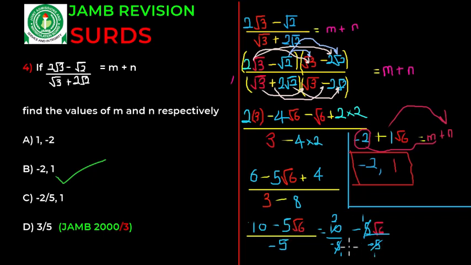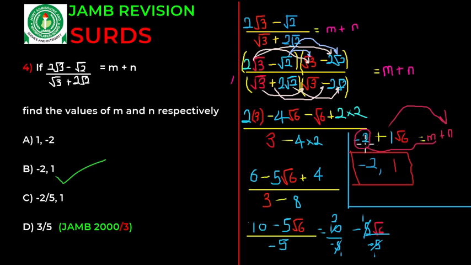So we go ahead to now divide. 5 cancels itself one time, comes into this 10 two times. Minus 5 cancels itself one time, comes into this 5 one time. But minus cancel, and it's now plus. So the answer that we have here, we now write it out as minus 2, because 10 over minus 5 is minus 2, right?